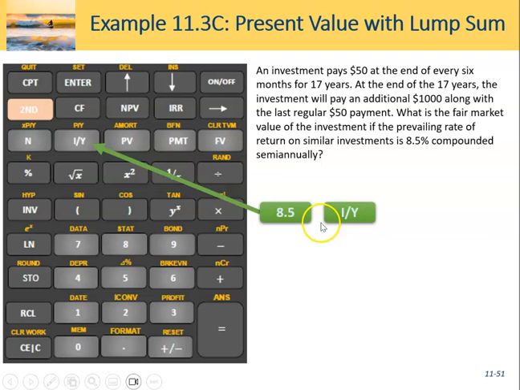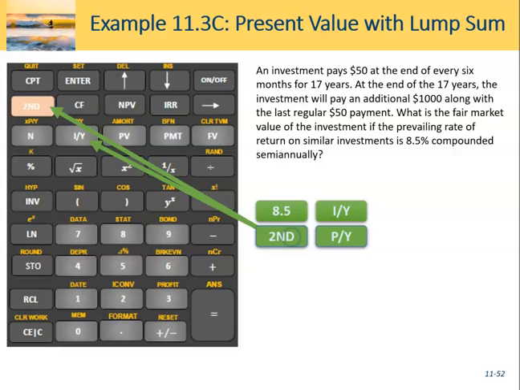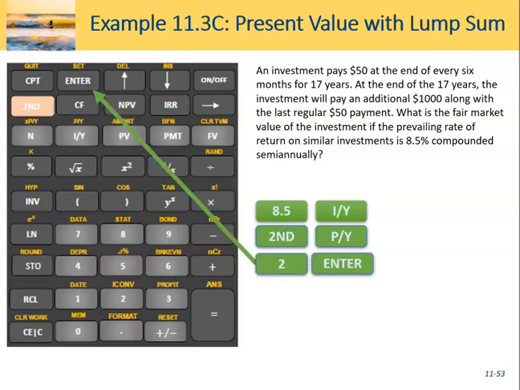So we know that the interest per year is 8.5, but we know that it's semi-annual, so we know even before it shows us that we have to go into the PY or hit second IY, okay, so that we can put in 2. So that's the number of times per year that it's being compounded and how often the payments are.